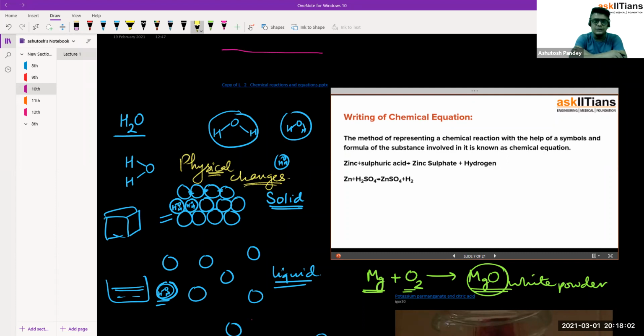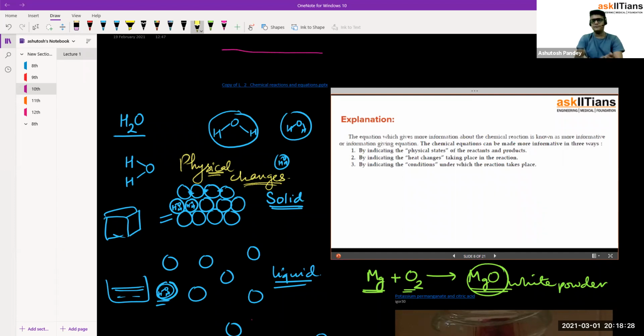Then they both react with each other. We can write the conditions here, we'll learn it. Zinc reacts with H2SO4 to form zinc sulfate, so we can write it like ZnSO4 plus H2, H2 evolved. Like this we can write the chemical equation.